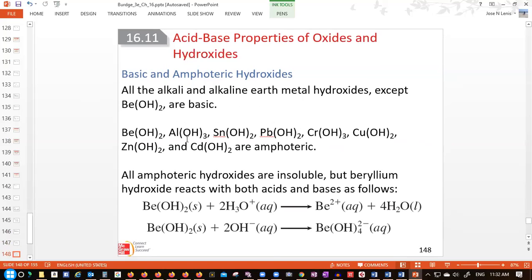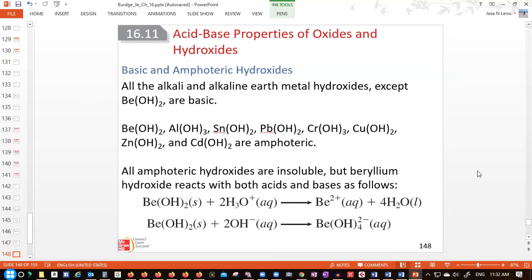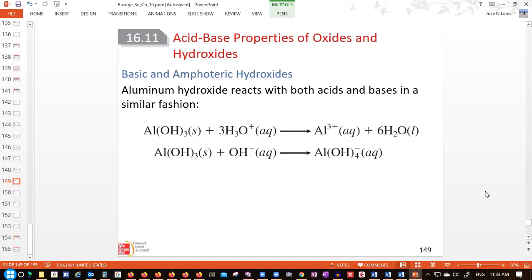These hydroxides here are basic. Did you see the hydroxide here? But they can be amphoteric also. They can react with acid or base. Here, the reaction of acid to make the beryllium 2 plus, and here the reaction with a base to form the hydroxide. So those are special cases, situations with some metals and non-metal oxides.